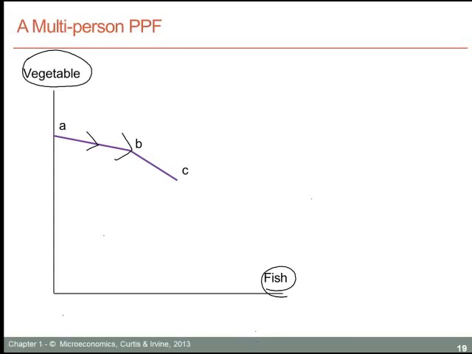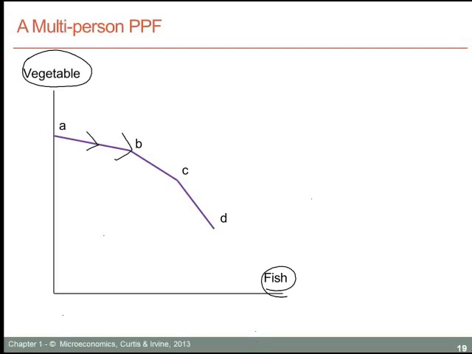Continuing with the same logic, once we reach the point C, we have exhausted all of the labor available to the second individual, and we start to use the productive capability of the third individual, and that third individual's production possibilities are represented by the segment CD.